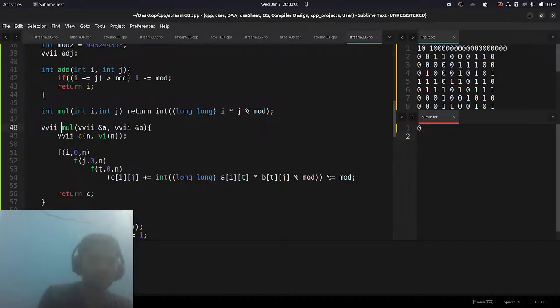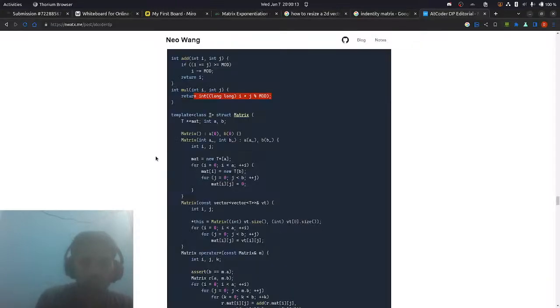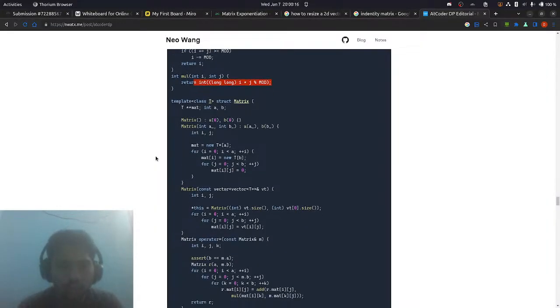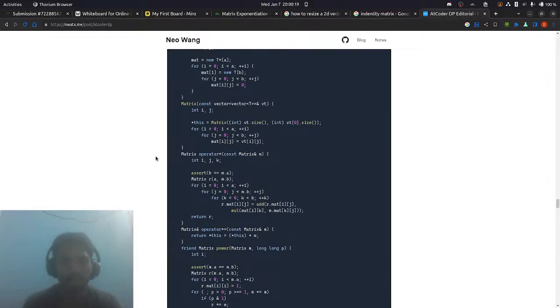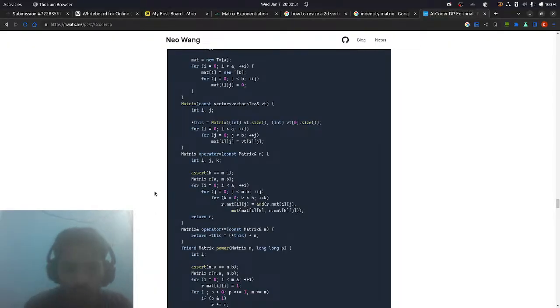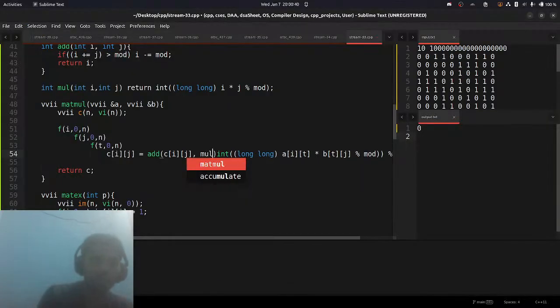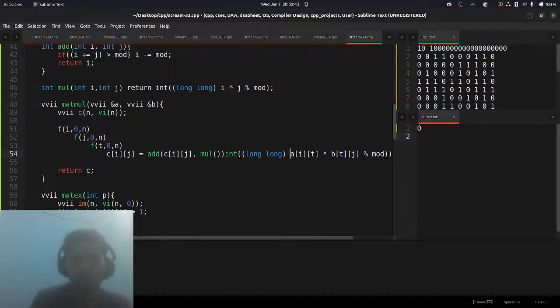Then we have matrix multiplication, so we'll name it matmul, and here what we are going to do is add C[i][j] with multiplication of this and multiplication of this.